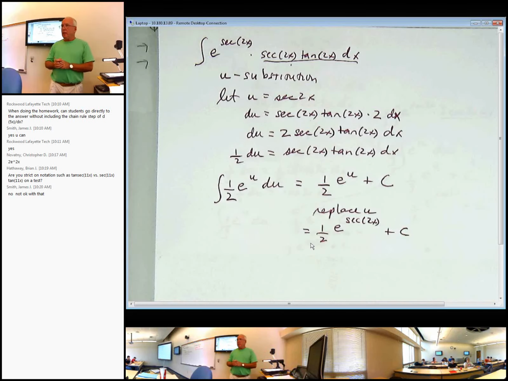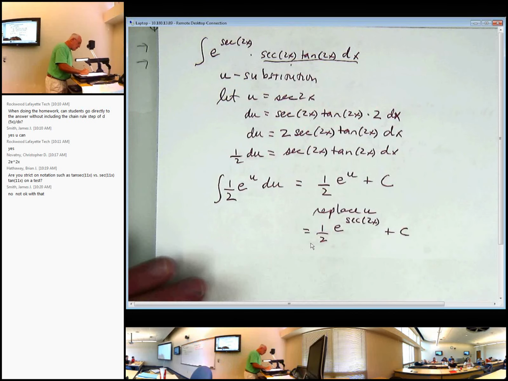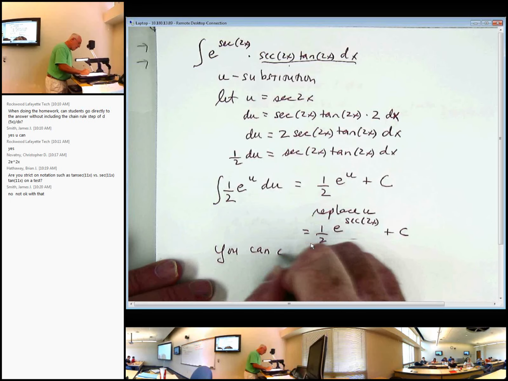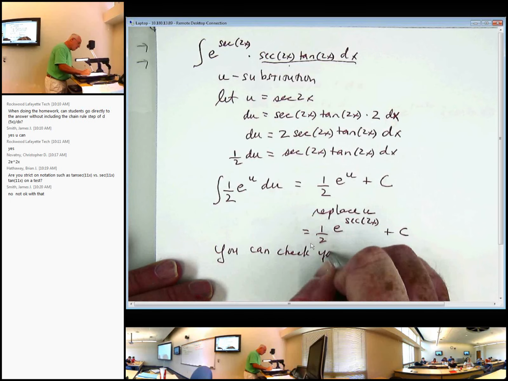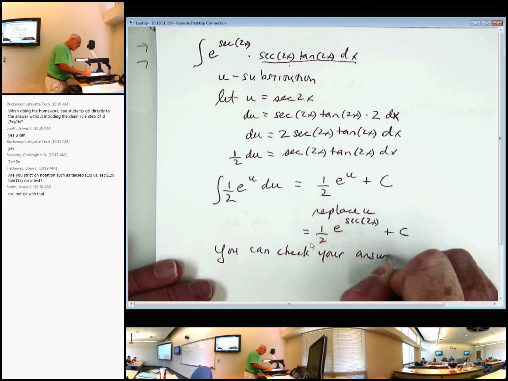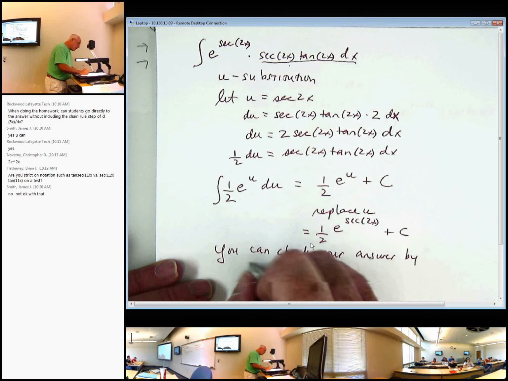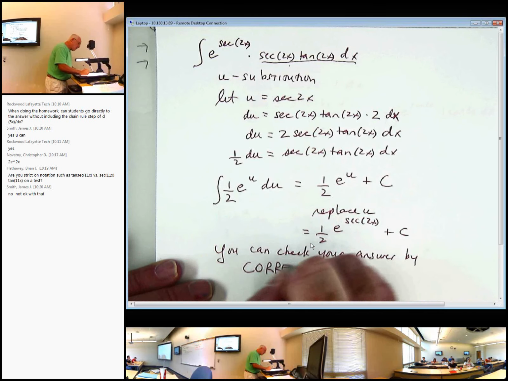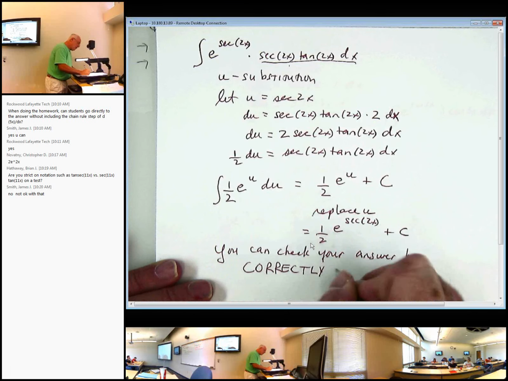Okay? And how can we check that this is a correct antiderivative if we're a little unsure? How can I check that that's correct? Take the derivative of it. So we can always check our antiderivative by taking its derivative. So you can check your answer by, and I'm going to put this in big letters, by correctly finding its derivative.